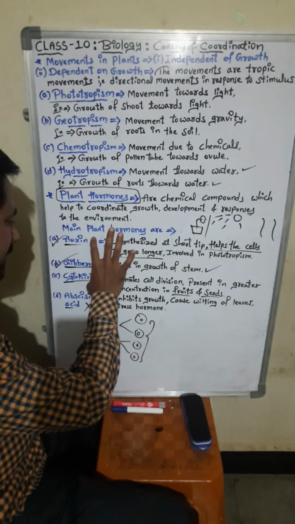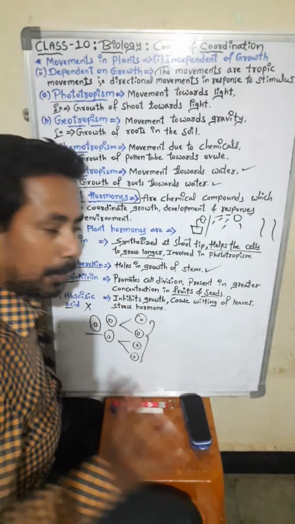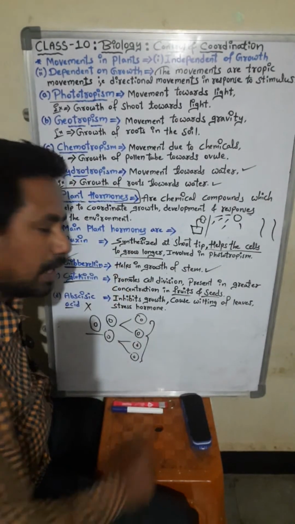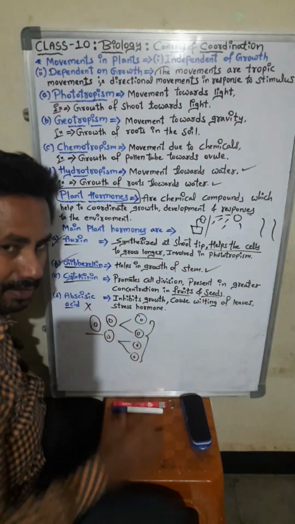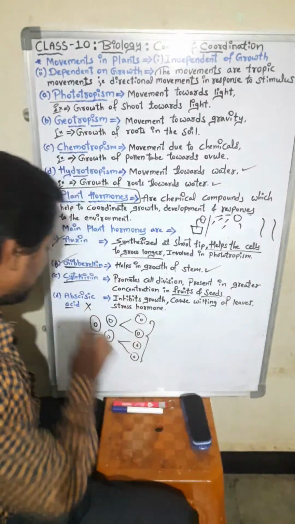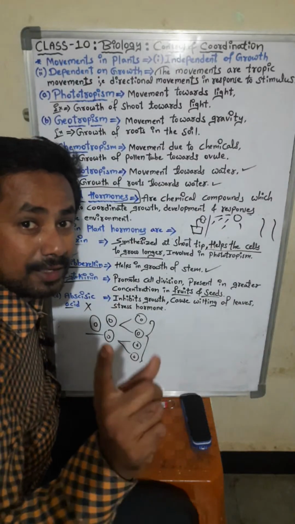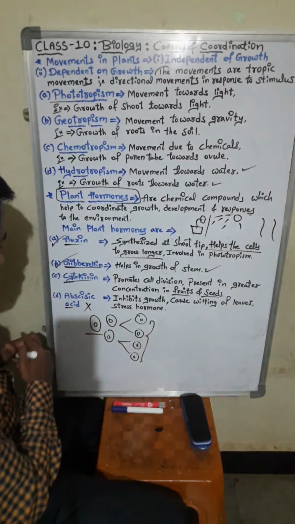And these three are plant promoters, they promote growth, students, and plant growth will be stopped by abscisic acid. Growth inhibitor, remember.